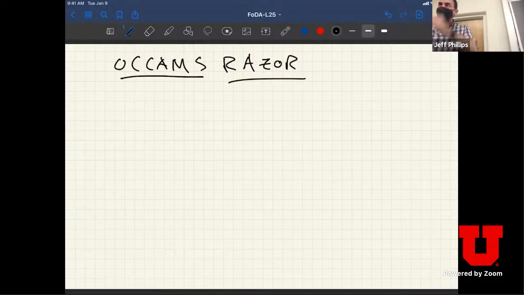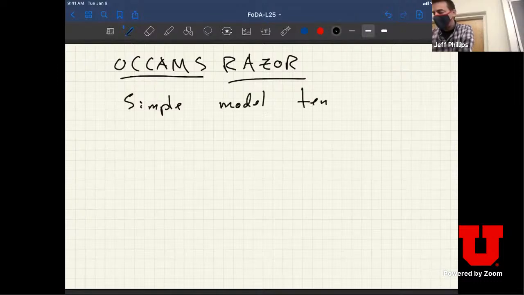So, Occam's razor: this is basically one way of writing it, simple models tend to generalize better.